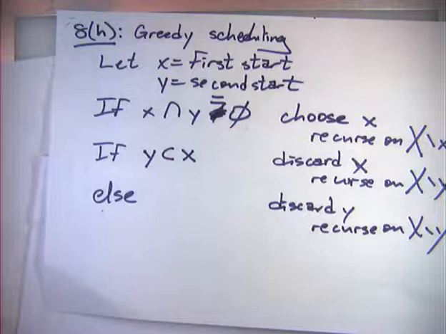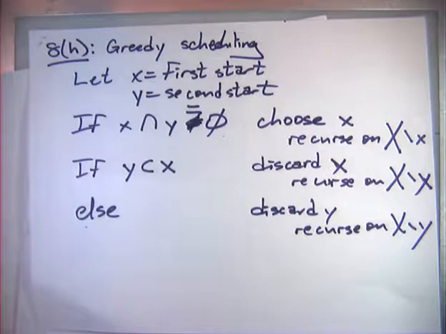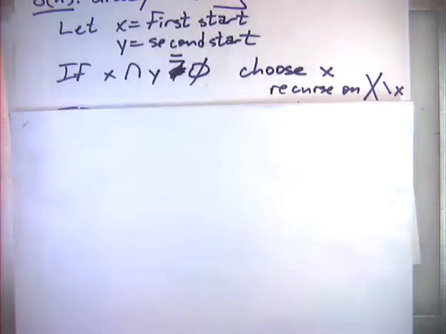One is that if these first 2 classes, the first and second starting classes, are disjoint, then there is an optimal schedule that contains X. The second is if the first 2 classes are nested, then there is an optimal schedule that does not include X. And in the last case, if they overlap but they're not nested, there is an optimal schedule that does not contain Y. Okay? So let me look at these one at a time.